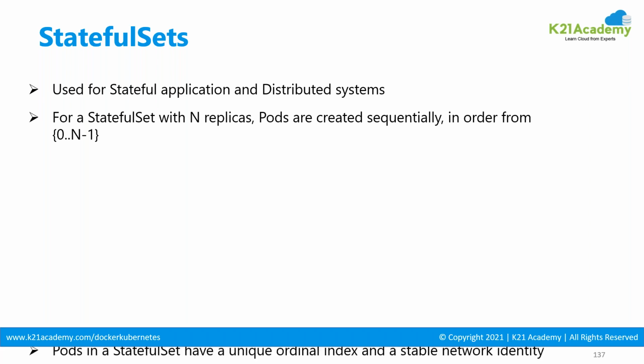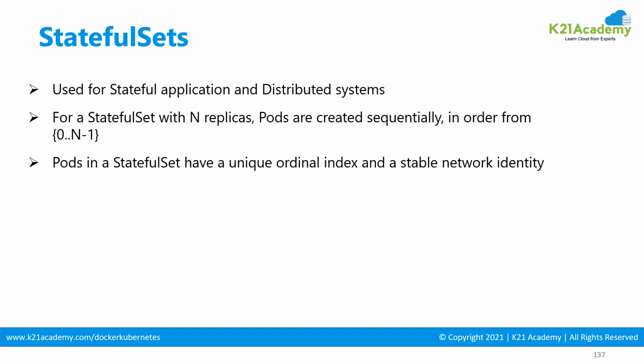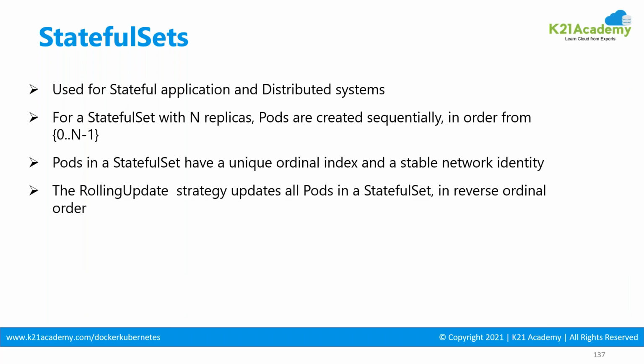So if you delete a pod in the stateful set, it will automatically be created again with the same name. We have seen that, SQL0, SQL1, SQL2, right? If you delete any particular pod, it will get created with the same name and same IP address. That is what we have seen. It has a stable network identity.